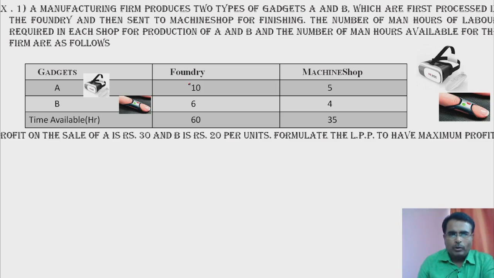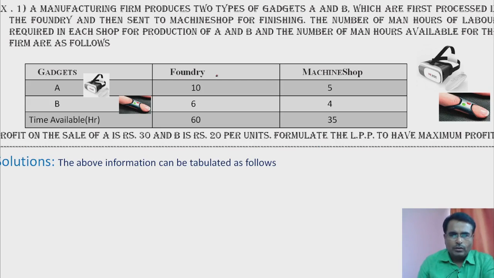So this is actually a production problem, and this production problem we want to formulate in mathematical form. To consider the solution, we have to consider the information already given in tabular form, but here the profit is also given, that also we are going to summarize in a table.